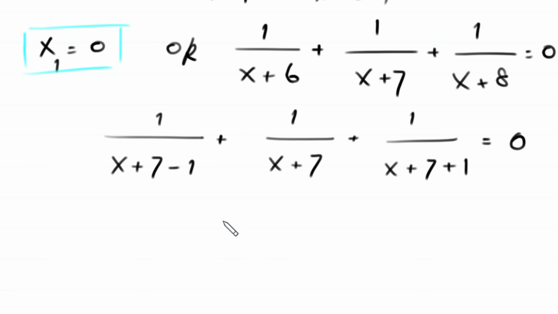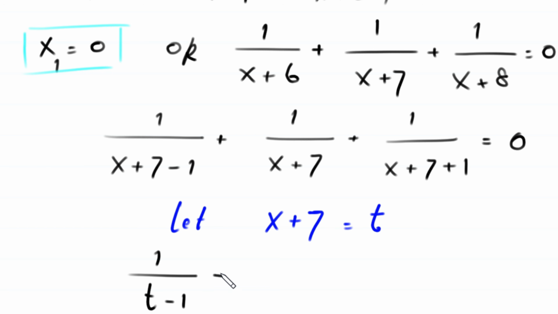And we suppose that let x plus 7 equal to t. So this equation will become 1 over t minus 1 plus 1 over t plus 1 over t plus 1 equal to 0.